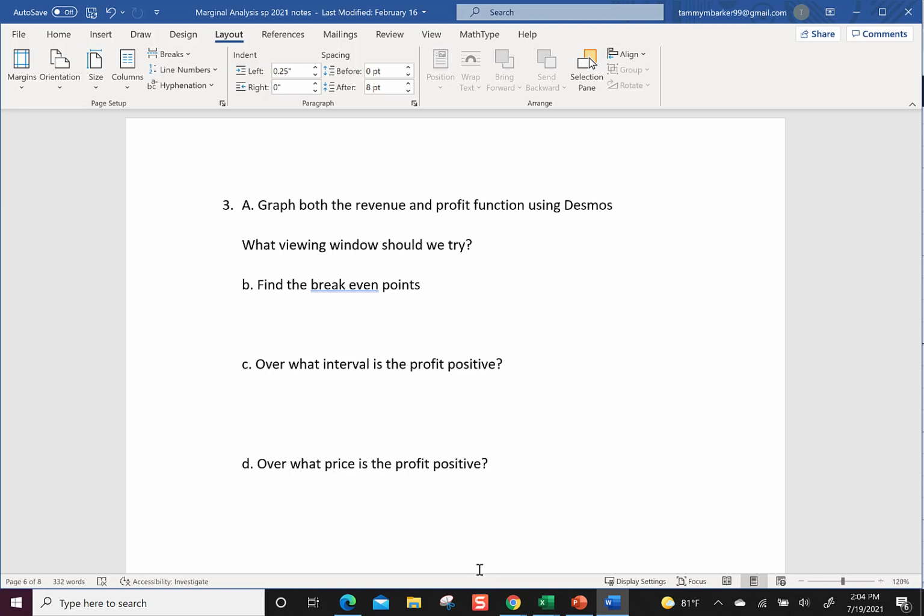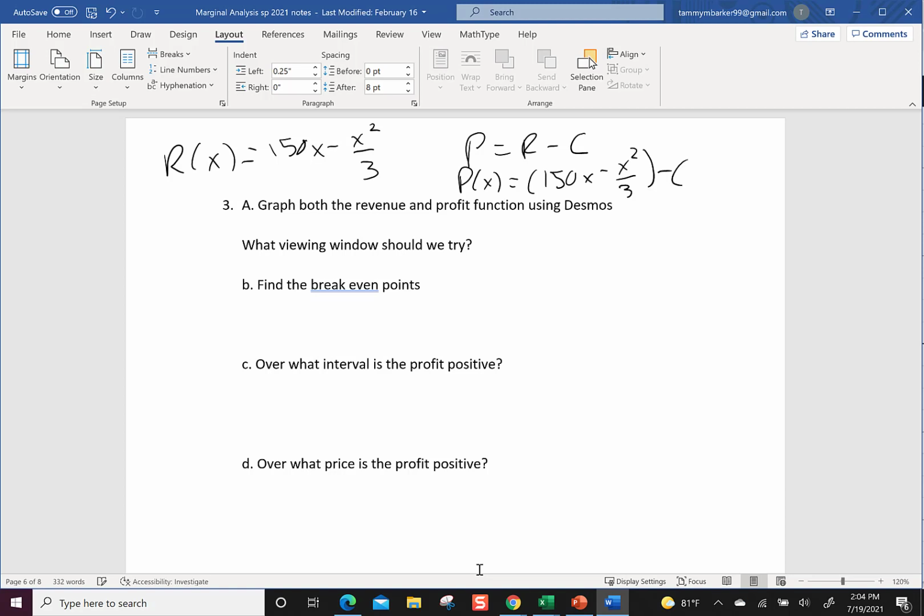The first thing we should probably do is remind ourselves what we had. So we had a revenue function that was equal to 150x minus x squared over 3. And we haven't done the profit function yet. We did the cost function. So to get profit, we need to do revenue minus cost. So we can do our profit as 150x minus x squared over 3 minus our cost function, which was 48x plus 1,250.